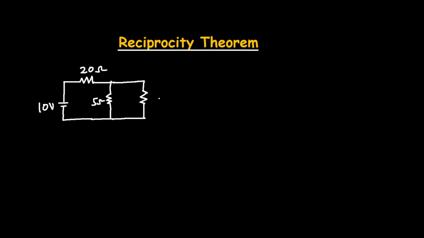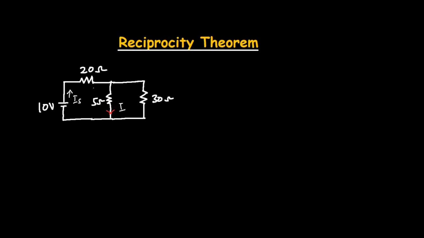So this resistor will be a 30 ohms resistor. So I have a current here which I'll name as I. And I'll name the current from the source as IS.